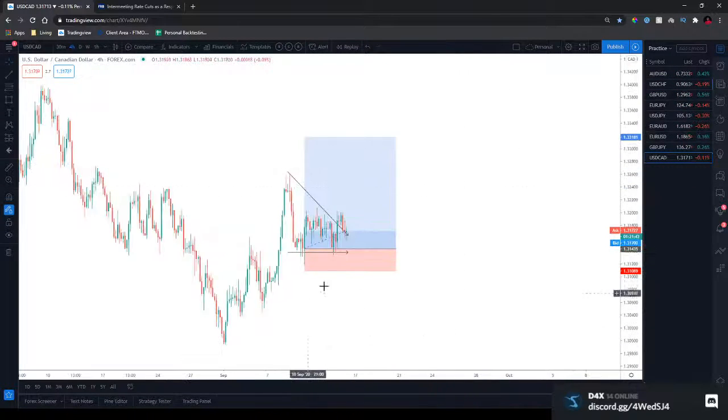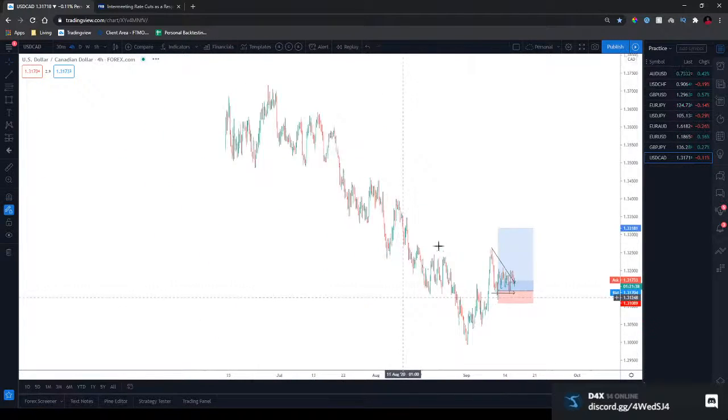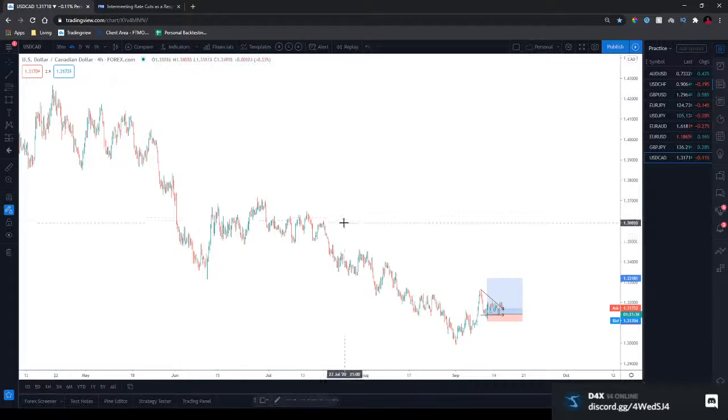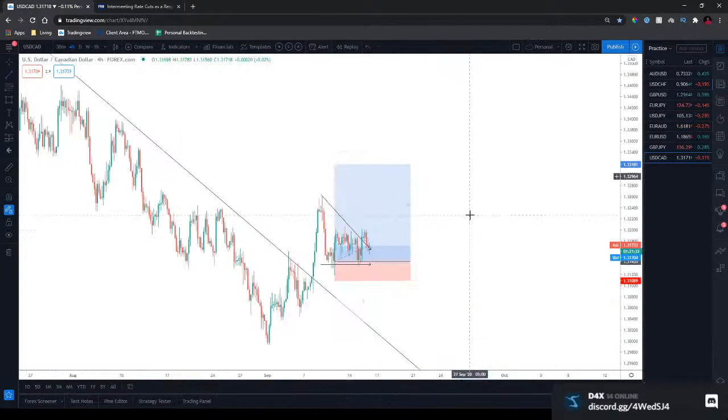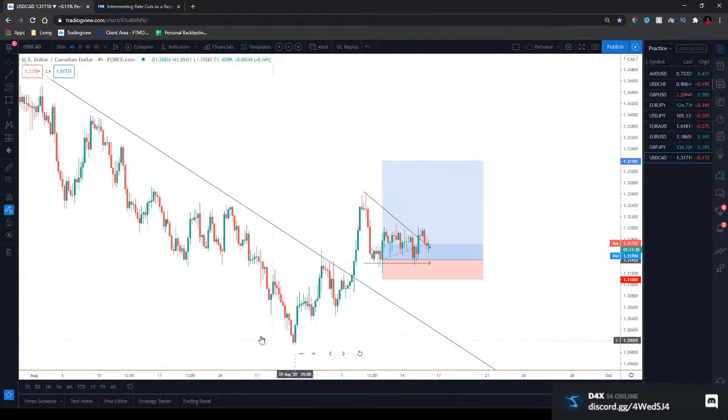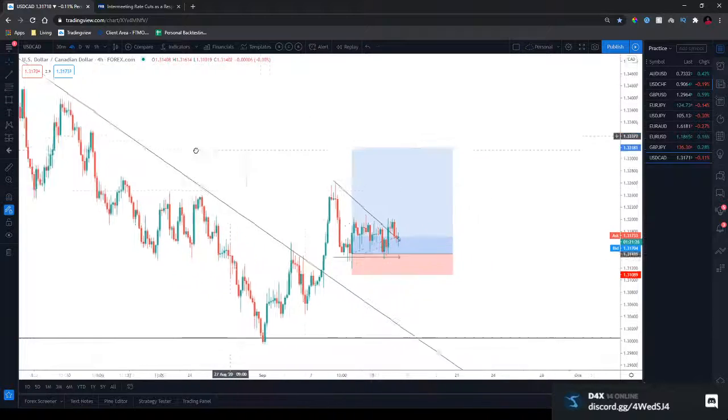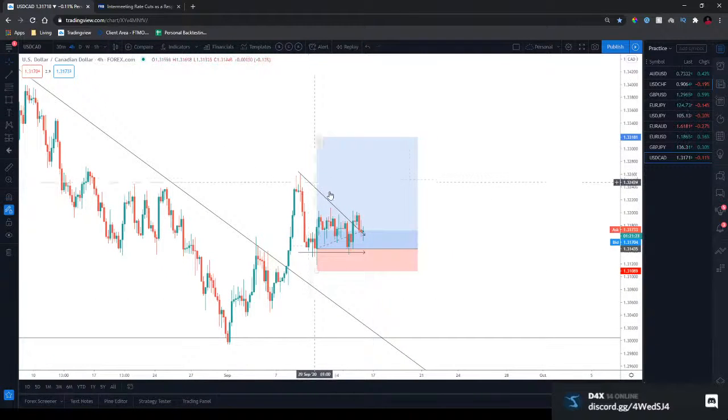UCAD. Okay, so UCAD, I didn't take this. I was looking for a buy here simply because we had this trend line break, and there's a demand zone right here. Price gave us an impulse. Now it's moving correctly down, but right now what we see is the strong impulse will move down, this corrective pattern here.